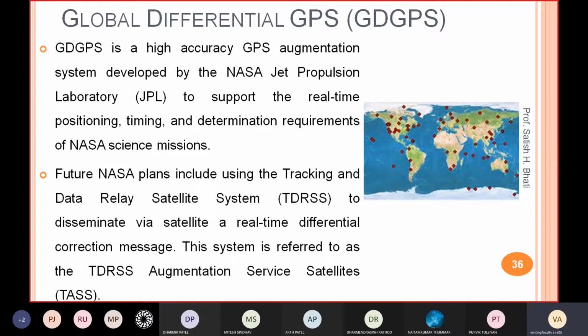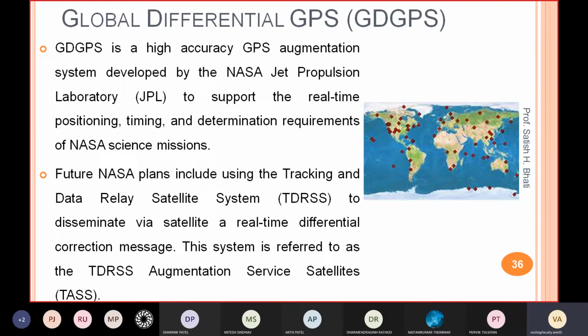Some other systems are TDRSS, the Tracking and Data Relay Satellite System, and the TDRS Augmentation Service Satellite. These two are the same, and this is also a future plan of NASA.